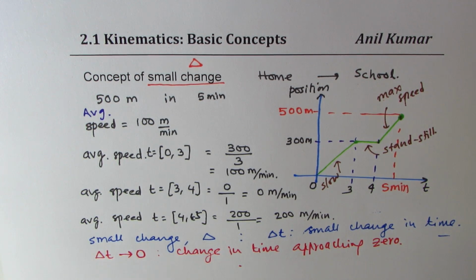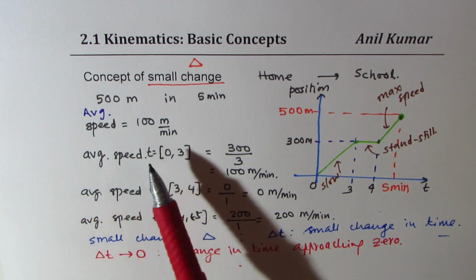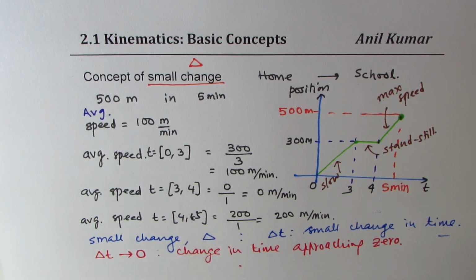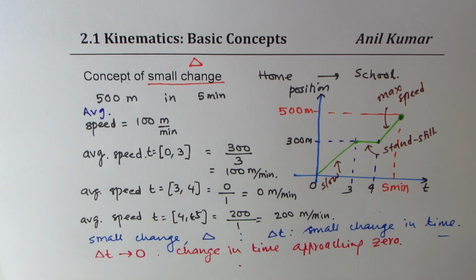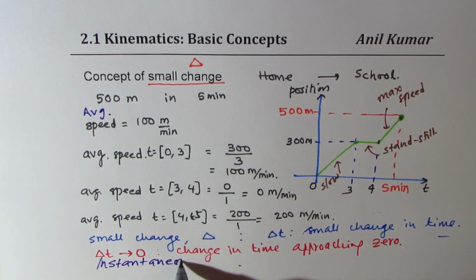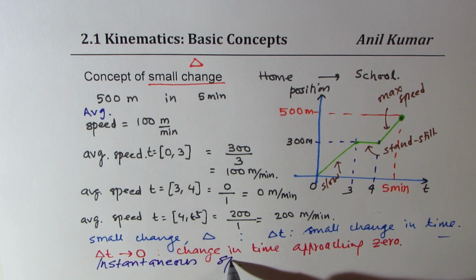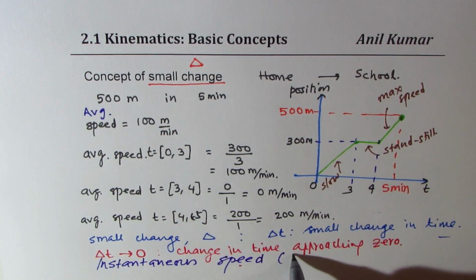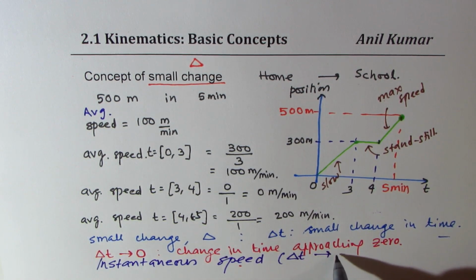Now, when that happens, we will see how the average speed changes to instantaneous speed, right? So this will lead to a new term which we will call instantaneous speed. That is when the time changes are very, very small.